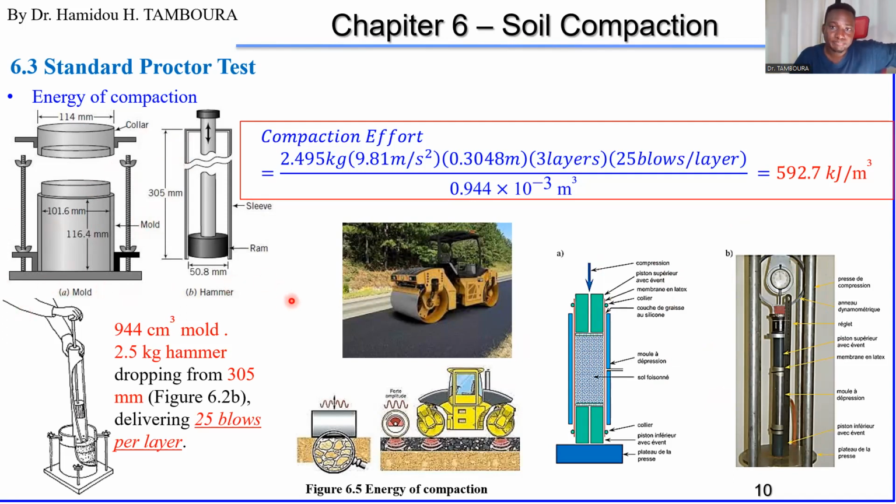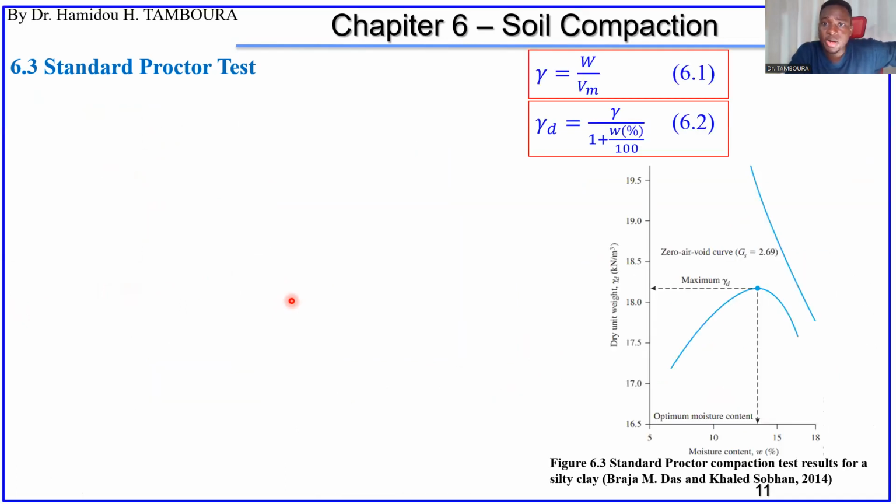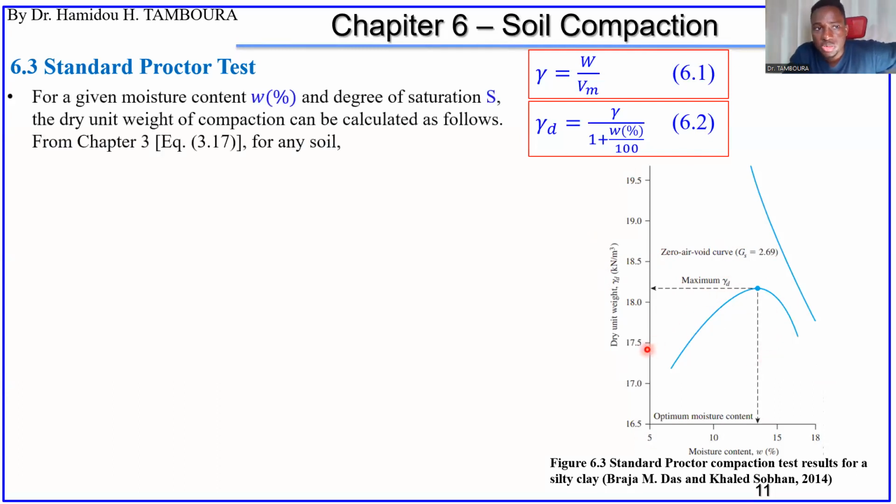Okay, all right, I hope you know how to perform this test and how to obtain the energy of the effort of compaction. Okay, so let's continue. Let's go back to this figure, this plot, the water content versus dry unit weight. This curve, how we use it and how we obtain it, I have explained already.